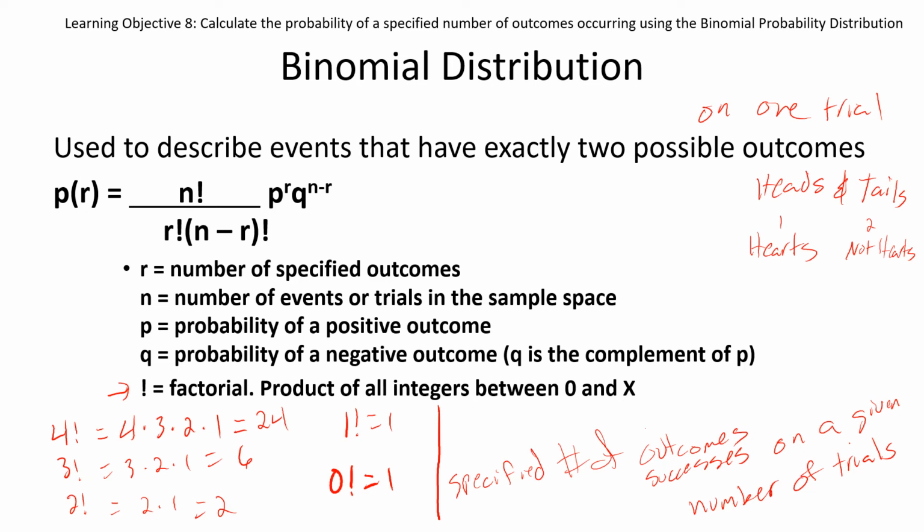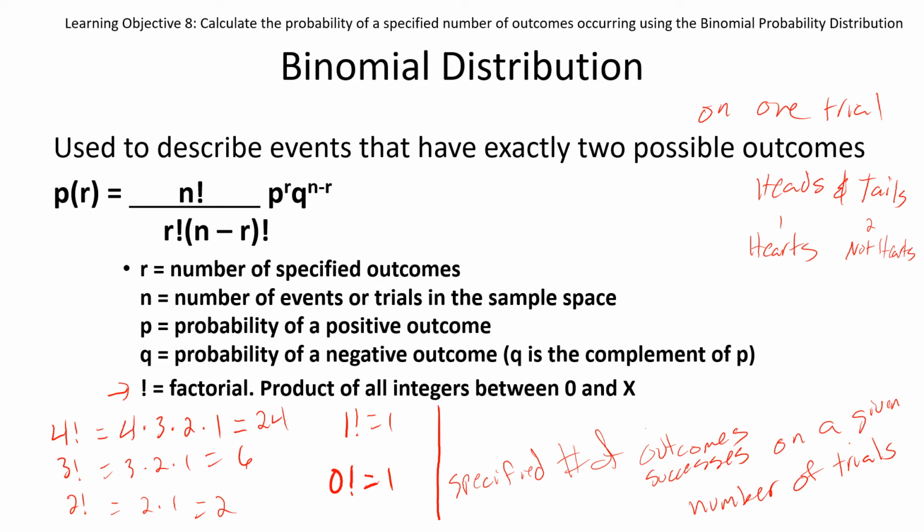Now you can figure this out, any factorial. Let's say 5 factorial is 5 times 4 times 3 times 2 times 1. You can already tell that we're going to get into some big numbers because 5 factorial is 120. 6 factorial is 720. So it gets really large numbers as you get up into bigger factorials.